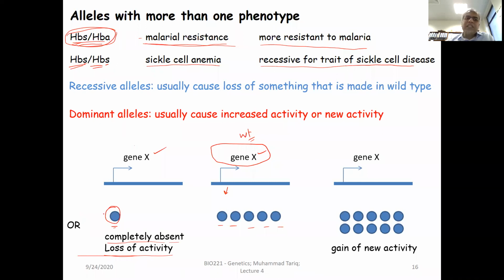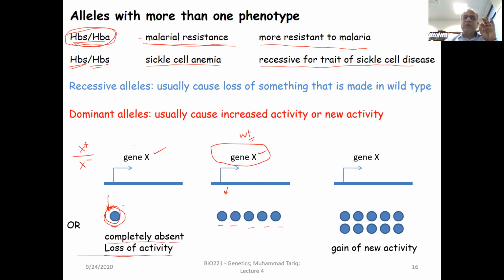But still something is being made. It may still perform function in the cell, okay? Now, such a state can be dominant, such a state can be recessive as well. It depends how important and crucial this protein product is within the cell. Because dominant or recessive means X plus over X minus.